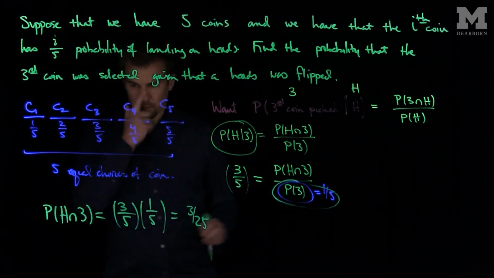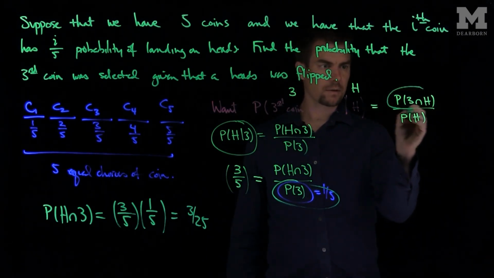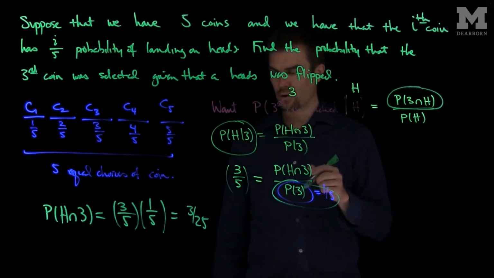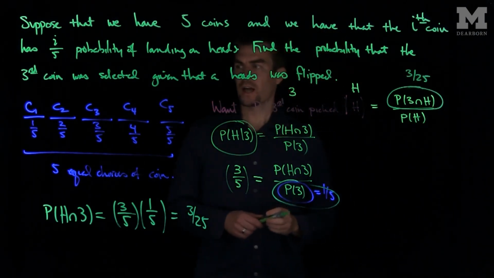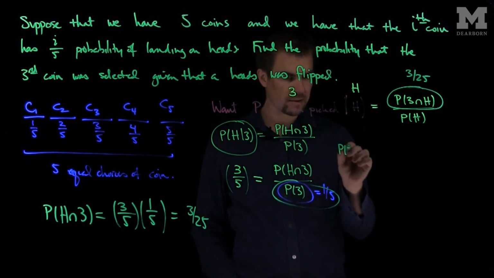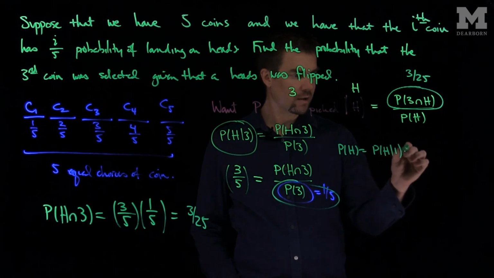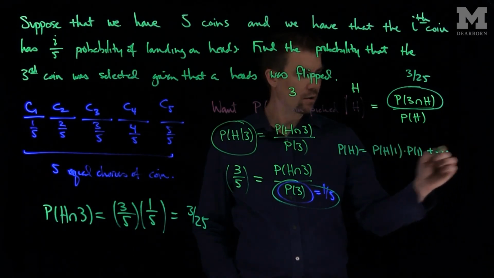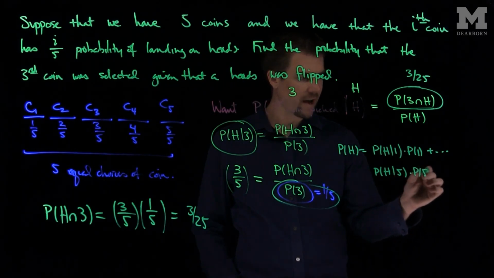And so now we can fill in what this expression is. The expression in the numerator is 3 over 25. And now we need the probability of heads. Well, we can decompose the probability of heads as the probability of heads given 1 times the probability of 1, all the way down to the probability of heads given 5 times the probability of 5.